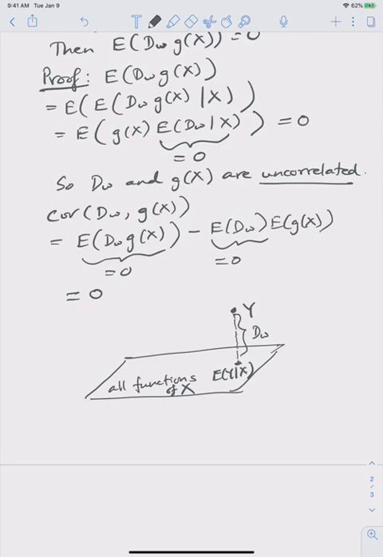And that geometric intuition, I hope, will develop over the next little while. And if it doesn't help you, then don't use it.